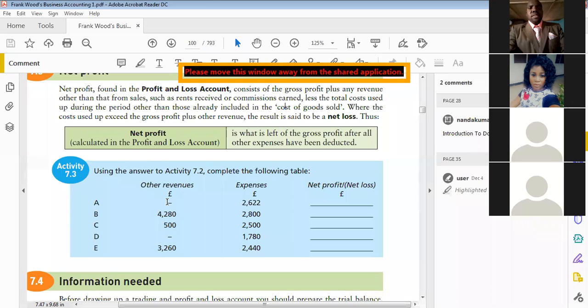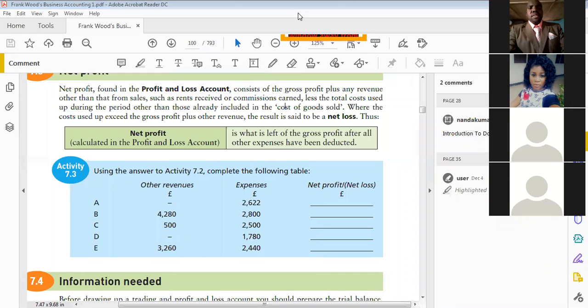Therefore, you end up with 856. Hold on, let me just put it on the screen. So it will be 856, which is gross profit, plus 0, because the 0 is the other revenue, right? That would be equal to 856.